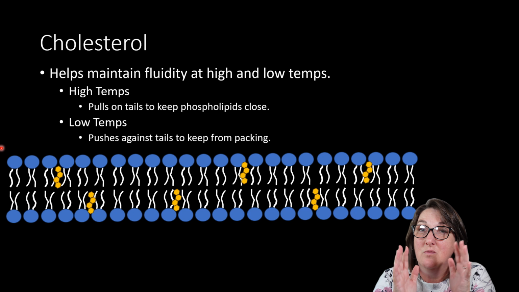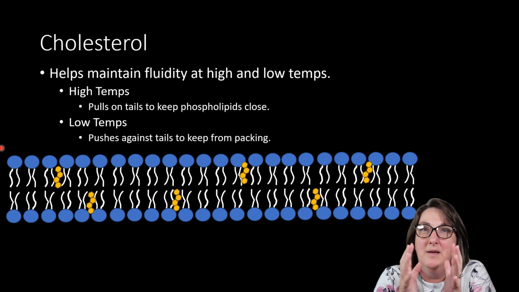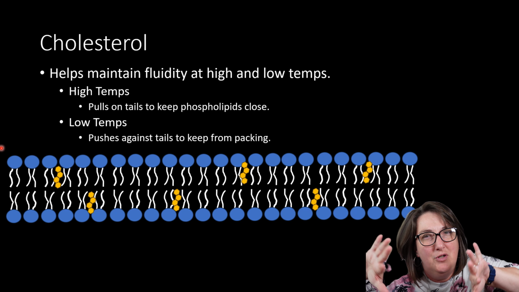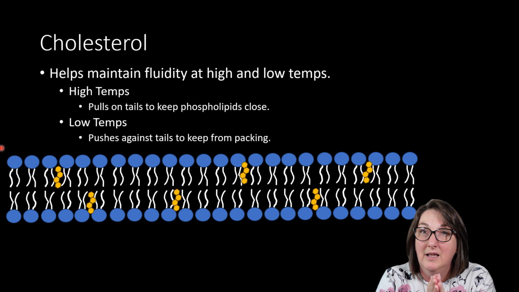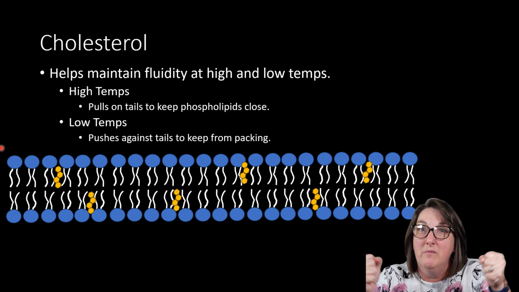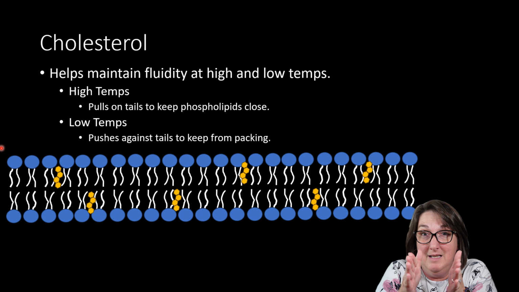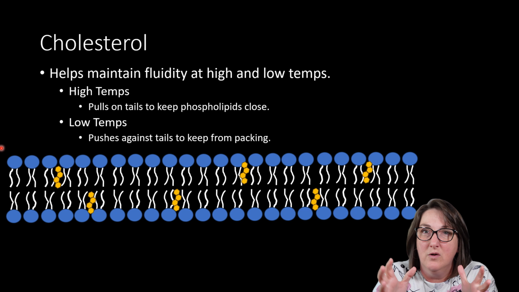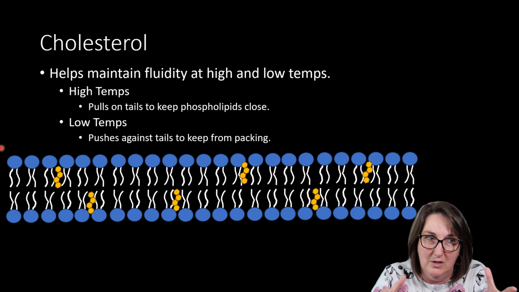When cells get cold, that membrane starts to come in, and now you have that cholesterol pushing away and not letting it get real packed. So that cholesterol is pulling together the membranes when it's hot, keeping it from expanding out. And when it gets cold, it's keeping it from compressing in and pushing against it. So you need some cholesterol for your cells to be able to do that.